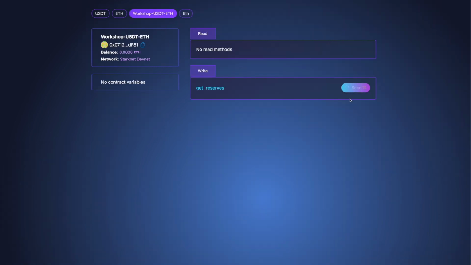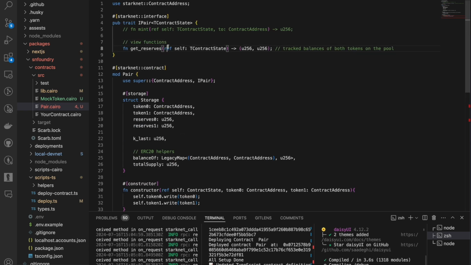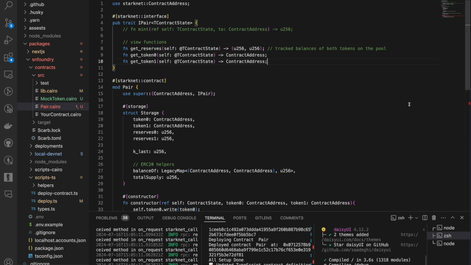I can get the reserves. Oh, it's actually a write function. Let me change these to a read function instead. And let's also add something that tells us the token 0 and token 1.